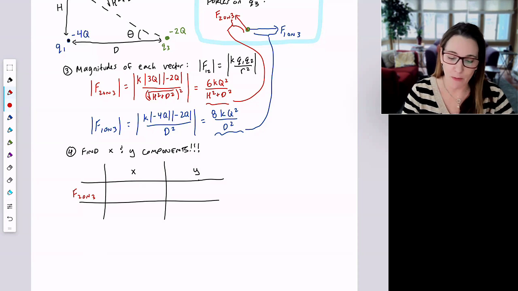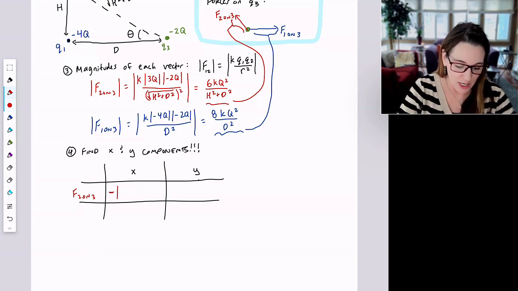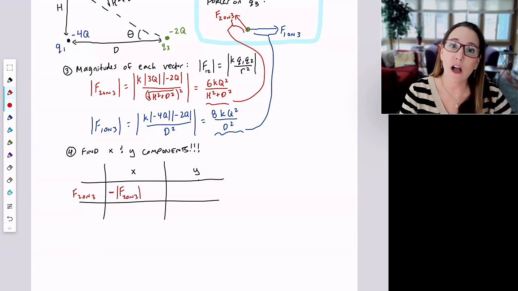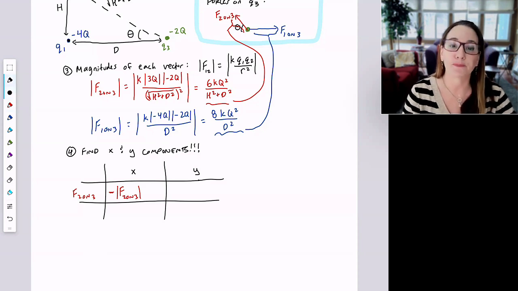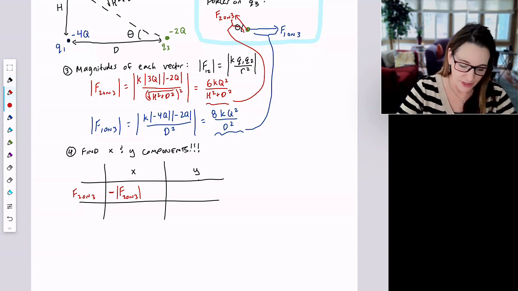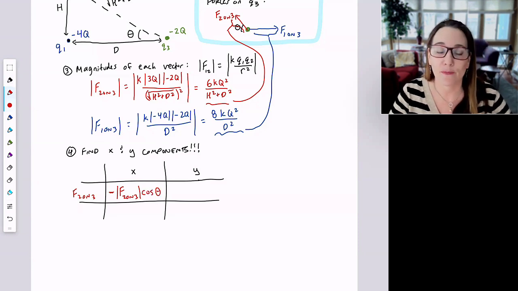So in this case, for my x component, we can see that it's in the negative direction. So it's going to be the negative of the magnitude of F2 on 3, which we already found above, and then times, and if we look to see where this angle is, that angle theta is that same angle theta here, so it's going to be times the cosine of theta.